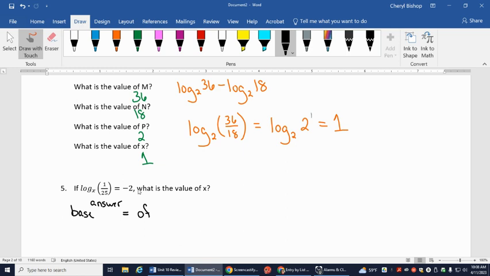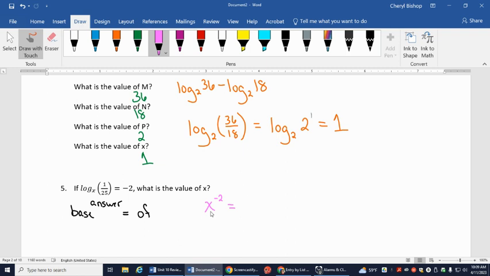Okay, so when I look at this log, what is the base? X. What's the answer? What does this equal? Equals negative 2. Equals the of. What's the of here? 1 over 25, right?